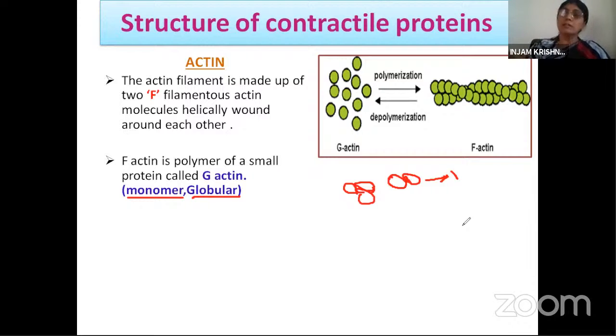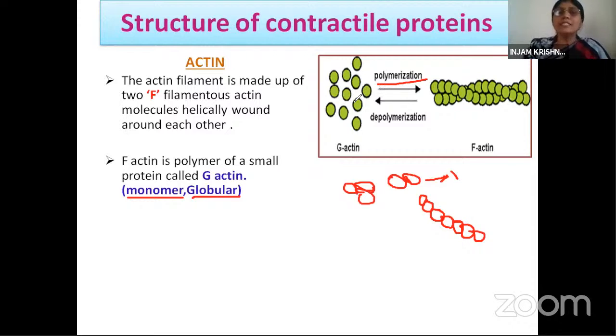If many globular monomers join together and form a polymer, this phenomenon is called polymerization.